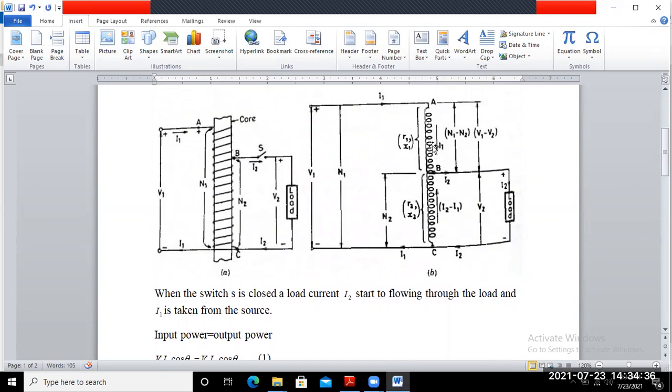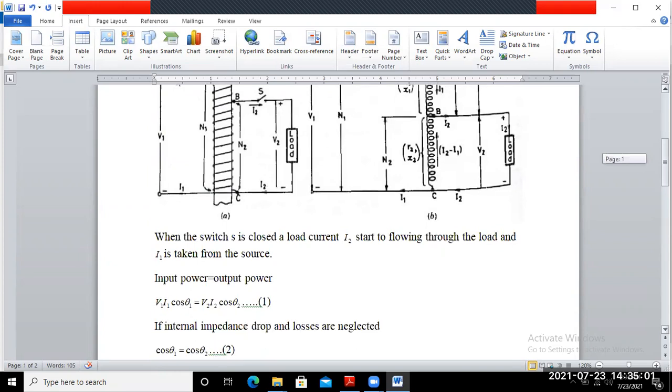Just write down the MMF of winding AB: number of turns into current. What is the number of turns in AB? N1 minus N2, and the current flowing is I1.